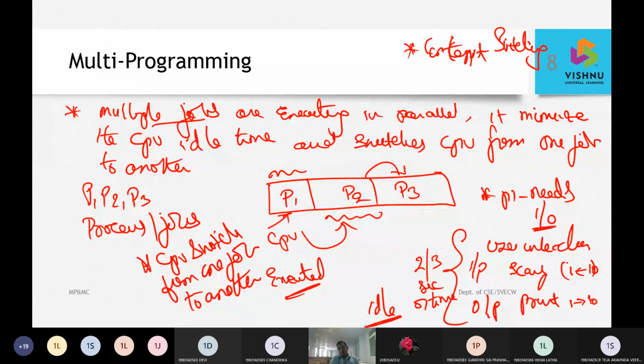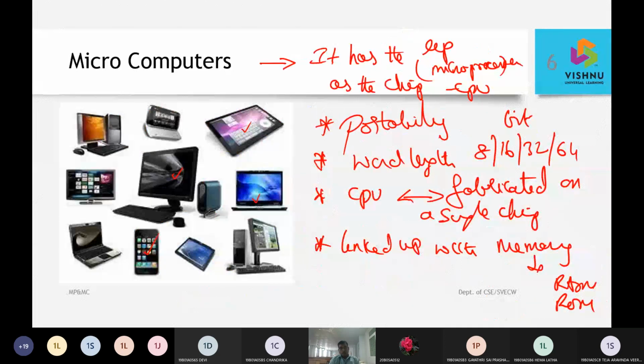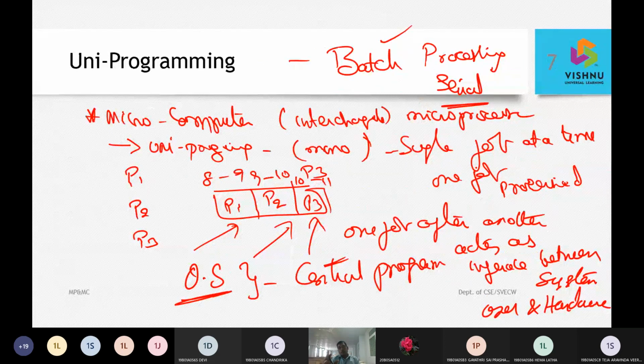Fine. So we talked about uniprogramming. Uniprogramming supports batch processing. In batch processing, we have one job at a time. First job executes, second job executes, and third job executes. So the CPU has some idle time, and it is totally wasted.